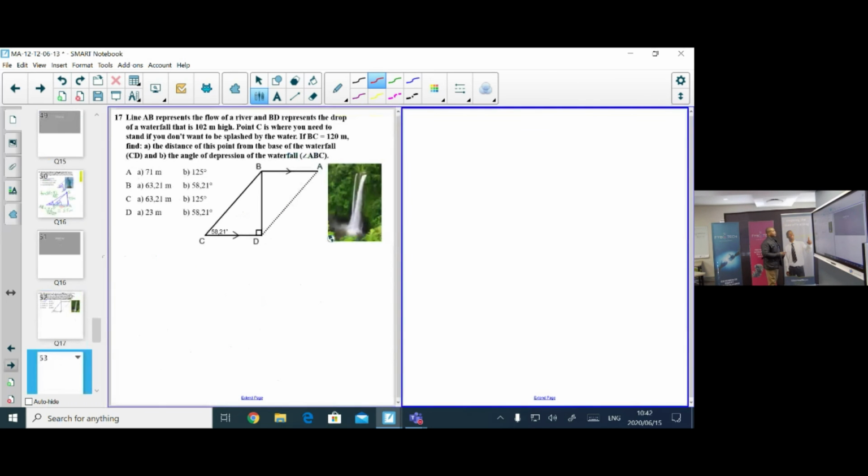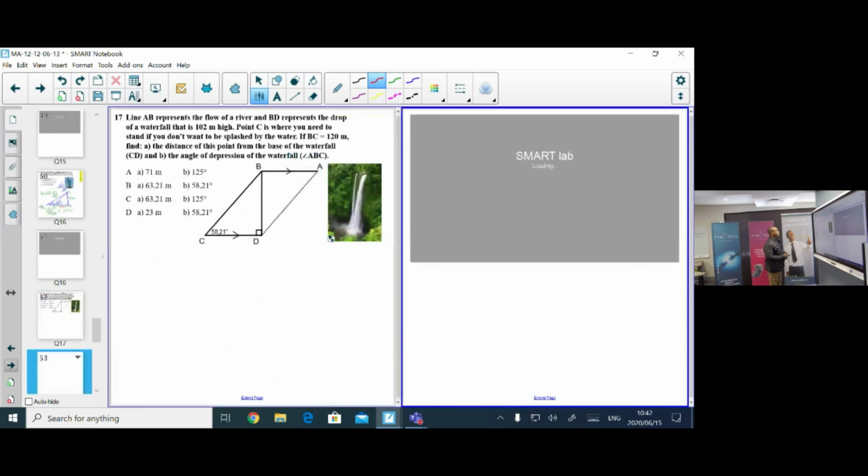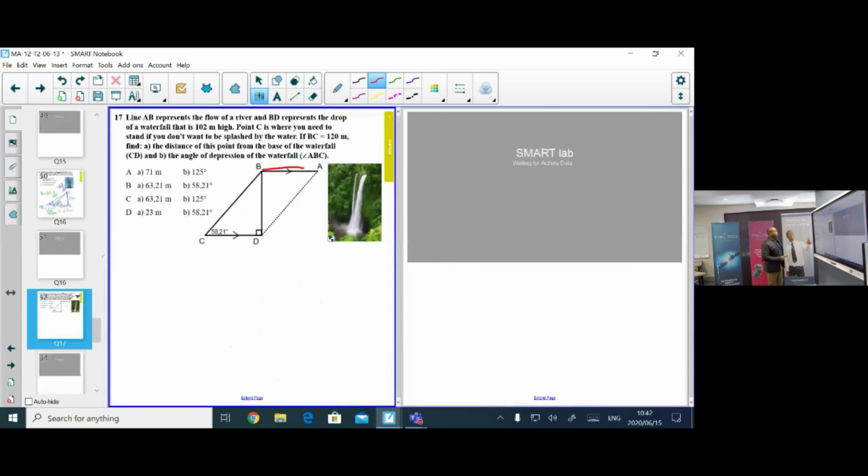Line AB represents the flow of water of a river, and BD represents the drop of a waterfall that is 102 meters high. So that means this is 102 meters.